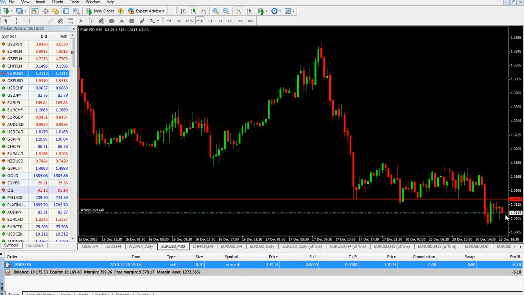So the trailing stop locked the market at 31.14, and if it moves back 25 points from this moment, it will activate our stop loss.